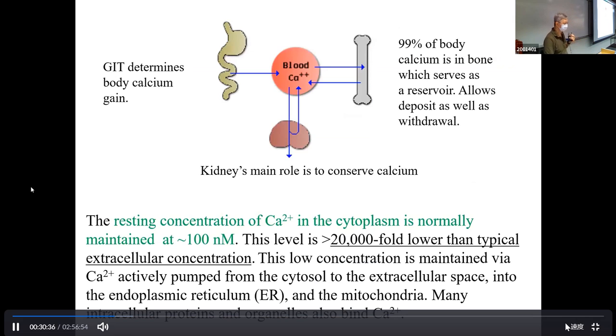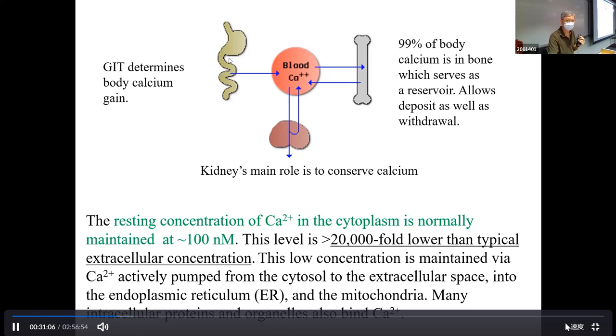Now, what you see here is a very simple diagram that shows you the 3 major organs that contribute to the blood calcium concentration. Most of the calcium will be in the bone, as we said.